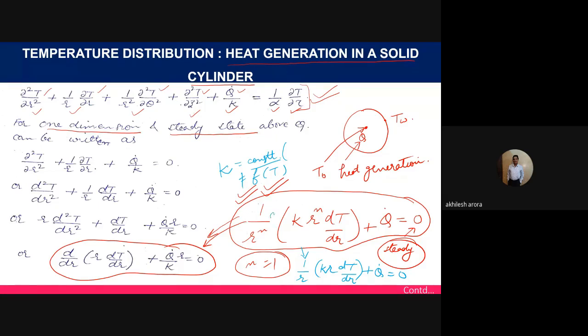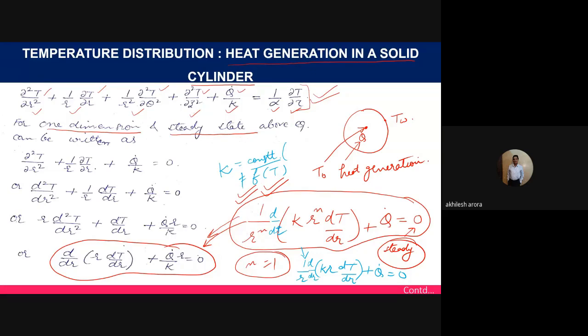Here also one more term has become d by dr. Okay, 1 by r raised to power n d by dr of k r raised to power n dT by dr. Okay, so here also it is d by dr, it has to come here, otherwise it won't be correct.